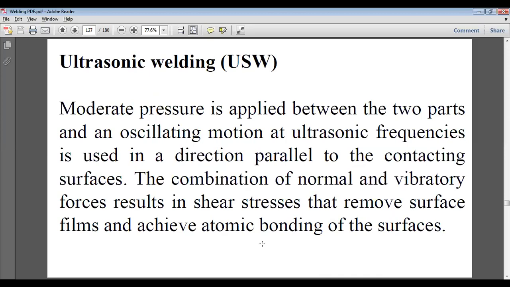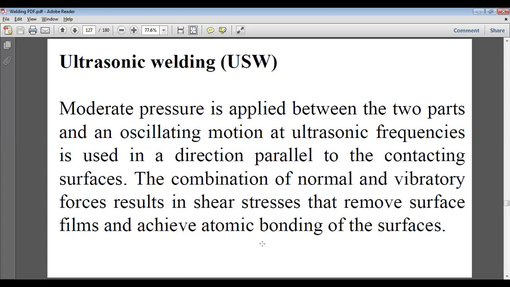Now I'll discuss slightly about ultrasonic welding and other high energy rate formations, HERF. These are beams that have very high energy, like ultrasonic beams and electron beams. The heat produced by them is used.